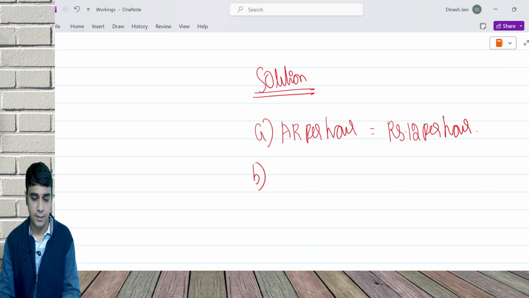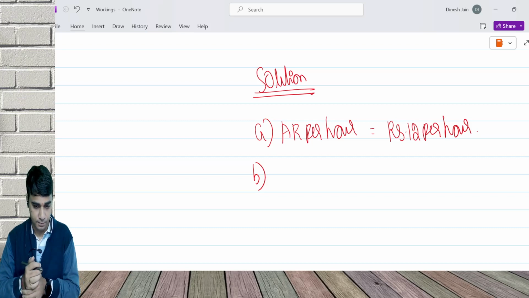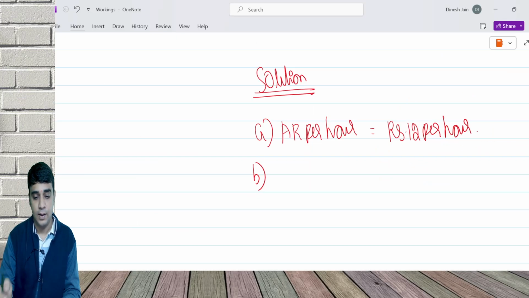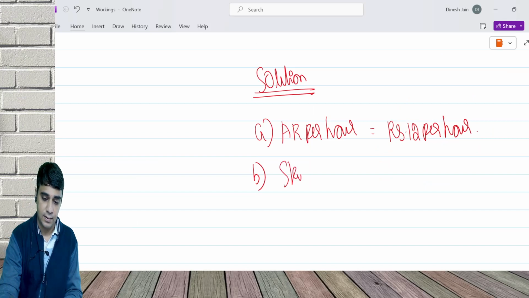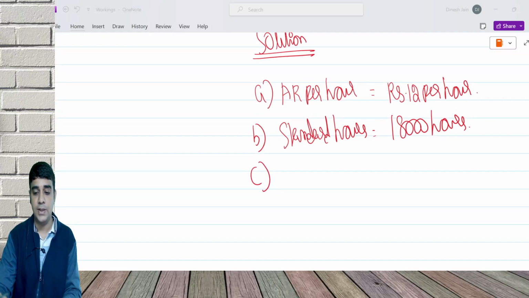Rupees 12 per hour. Standard hours, the second requirement, equal to 18,000 hours.